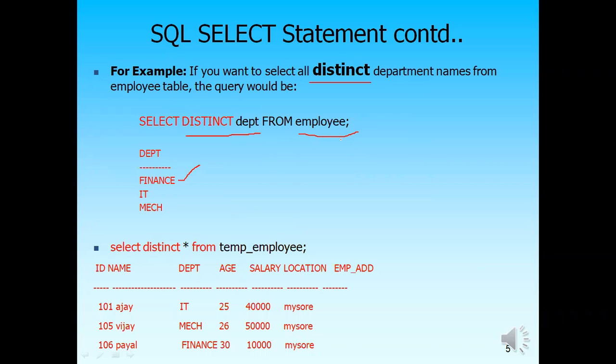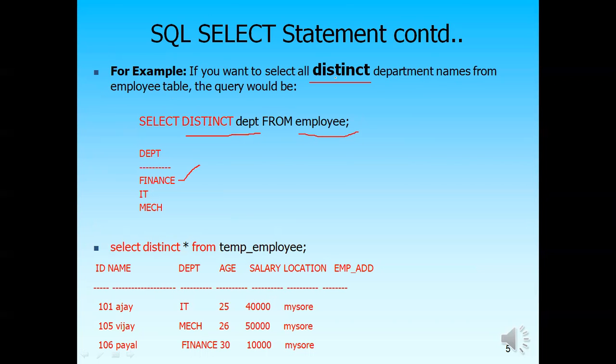If you want to display only the distinct departments from the student table, because department name will be a foreign key in the student table and it will repeat for all the students who belong to the same department, here we can use the distinct clause to display the distinct values from the table.